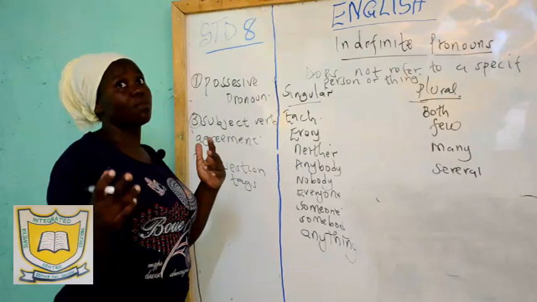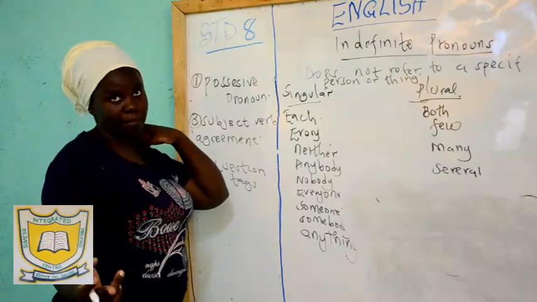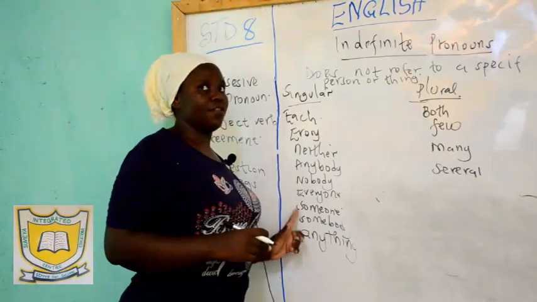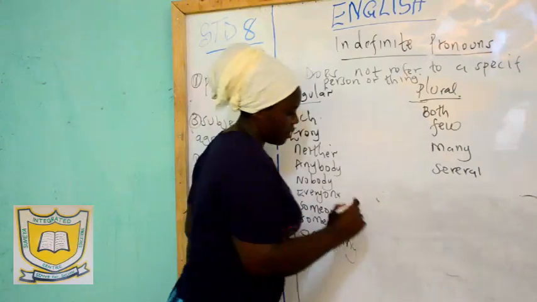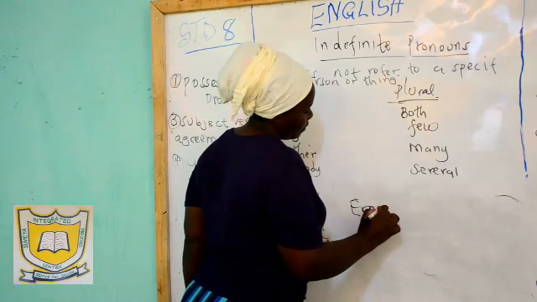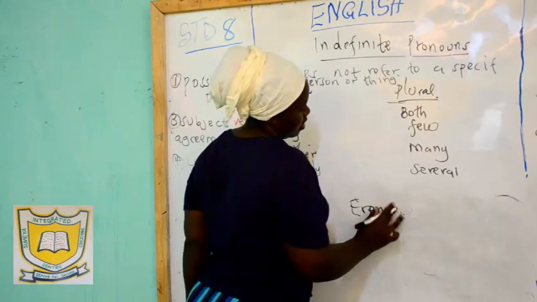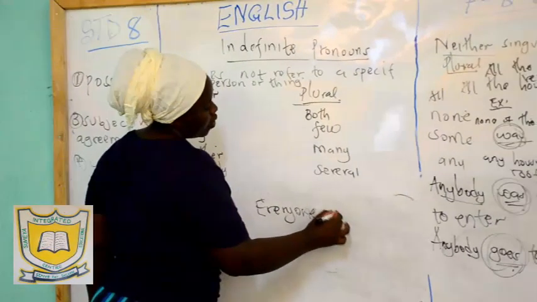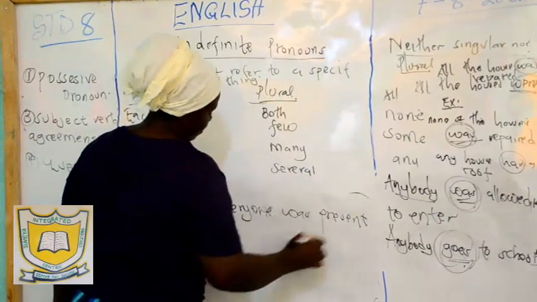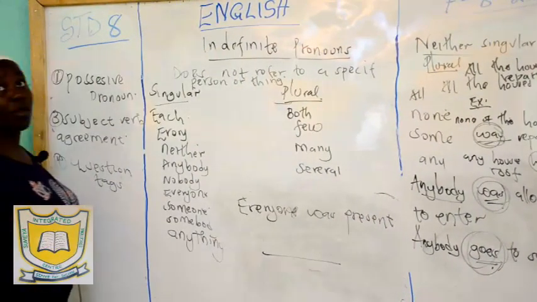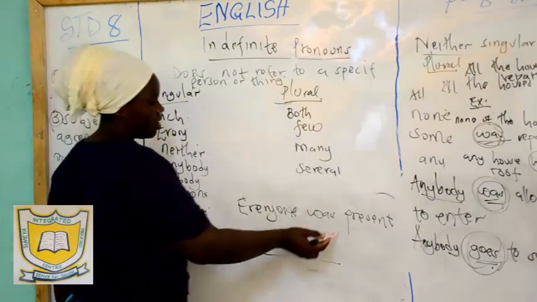The question tag should be the plural of the helping verb. For example, everyone: you say everyone was present. You are going to come up with your question tag. My helping verb is was.